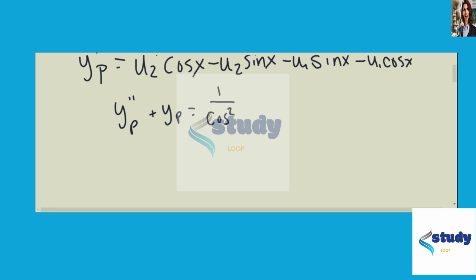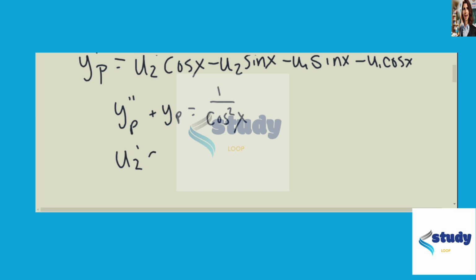y double prime of our particular solution plus y equals secant squared, which is also 1 over cosine squared, right? So I'll write it that way. Since our solutions have cosines in them, it'll be easier for simplifying.